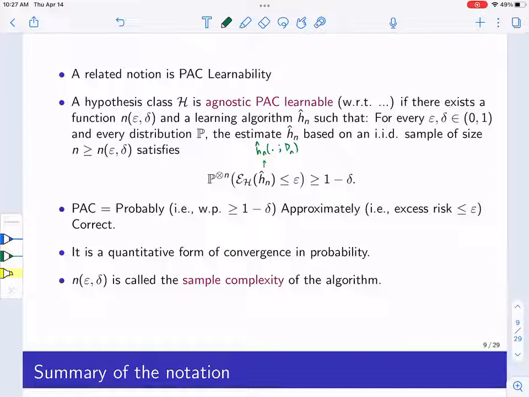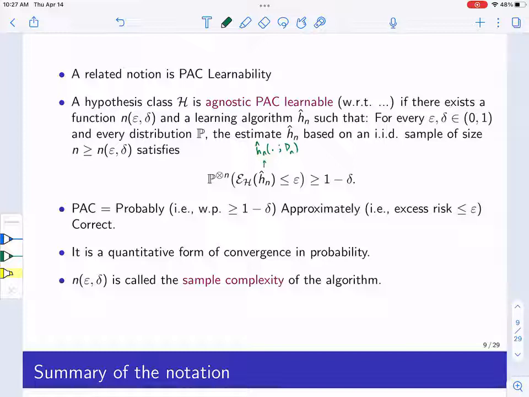the agnostic part is related to the fact that there's basically noise, so there's nothing that has excess risk 0.